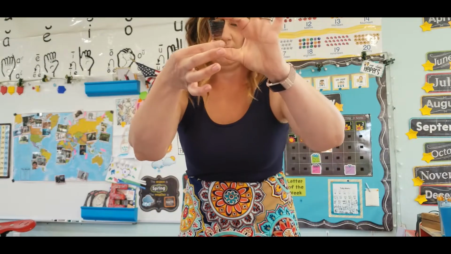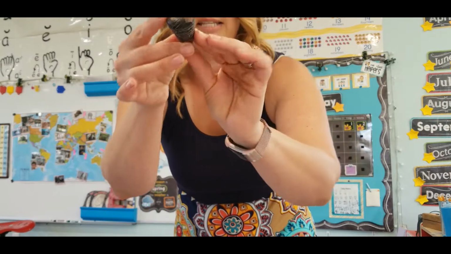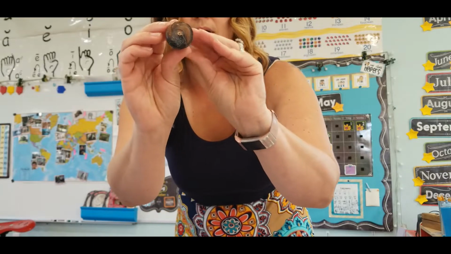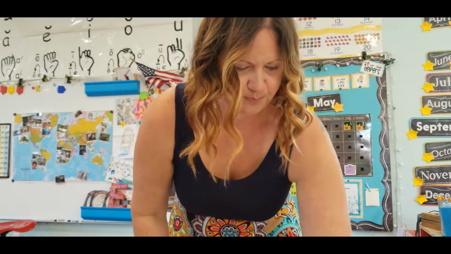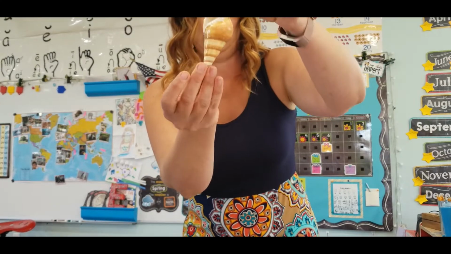Look at this one. Isn't this cool? That's how they get in. There's the little hole. Yeah, I think shells are so cool. Look at this. That's how they get in.